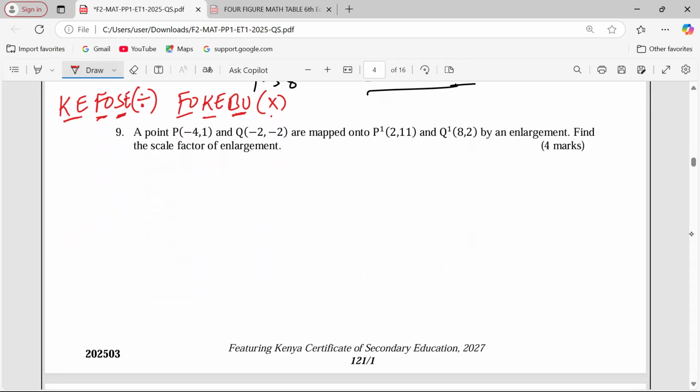So you can apply those acronyms accordingly. Let's look at number 9. A point P, -4, 1, and Q, -2, -2, are mapped onto P prime 2, 11 and Q prime 8, 2 by an enlargement. Find the scale factor of the enlargement.